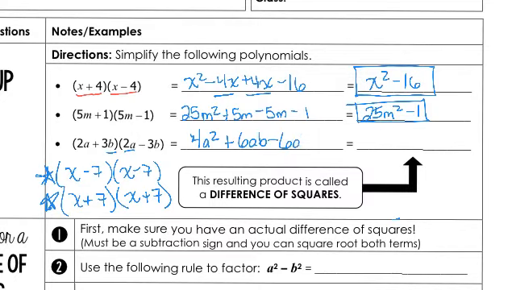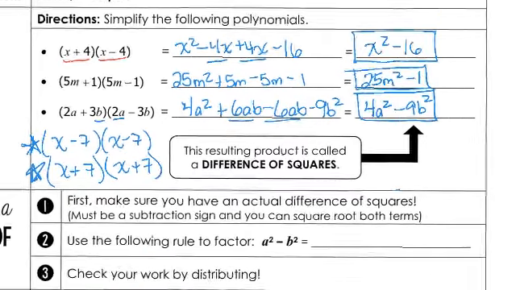Minus 6ab minus 9b squared. Okay, these two terms zero each other out. Remember, we don't say cancel. We cancel checks, we cancel trips, but we zero out our terms. All right, so the resulting product is called a difference of squares.